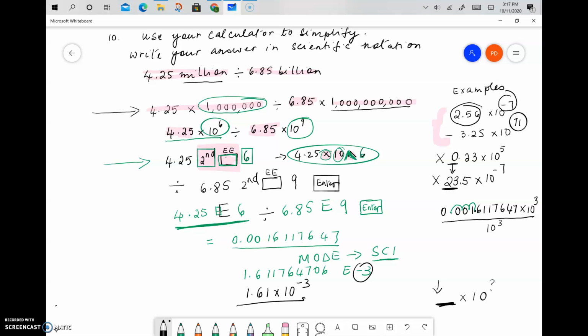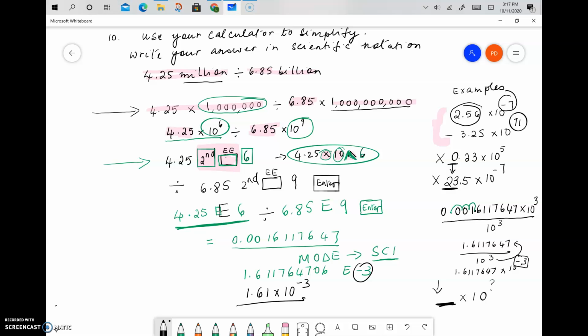So that way I get 1.611767 divided by 10 cubed, which is the same as 1.611767 times 10 to the negative 3. When you move an exponential number to the numerator, the only thing that changes is the sign of the exponent, either from positive to negative or negative to positive.